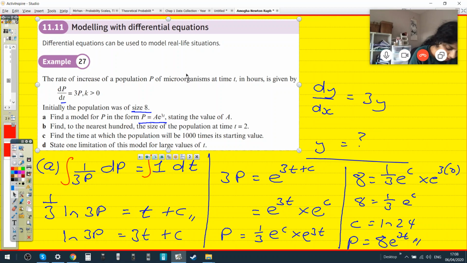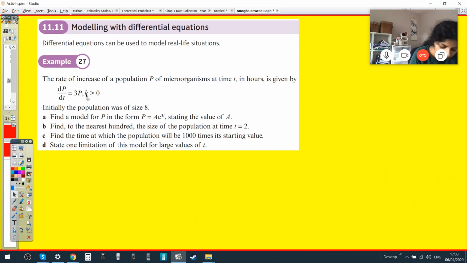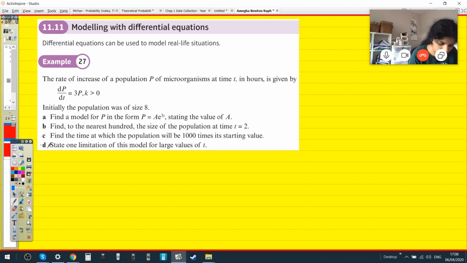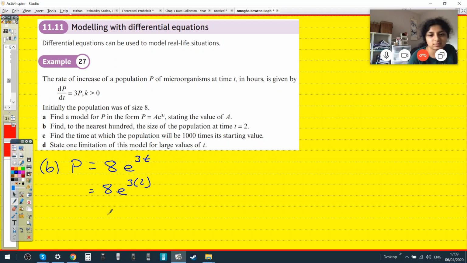So you just have to substitute t is equal to 2. Wait. 8 e to the 6. And then it's 3,200. Roughly 3,200?